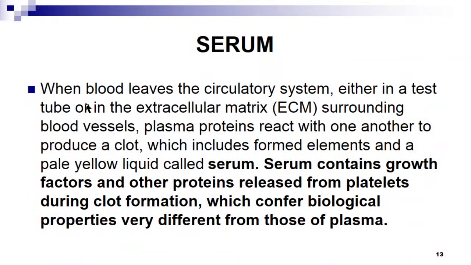Look, when blood leaves the circulatory system, either in a test tube or the extracellular matrix surrounding the blood vessels, plasma proteins react with one another to produce a clot, which includes formed elements and a pale yellow liquid called serum. Serum contains growth factors and other proteins released from the platelets during clot formation, which confer biological properties very different from those of plasma.